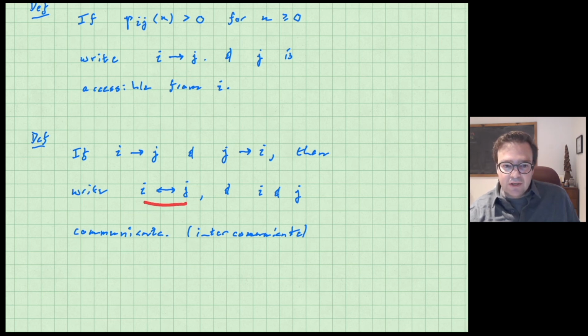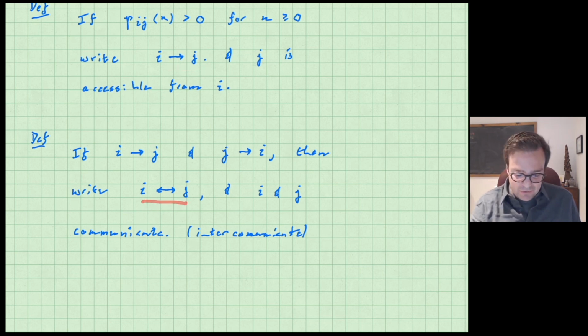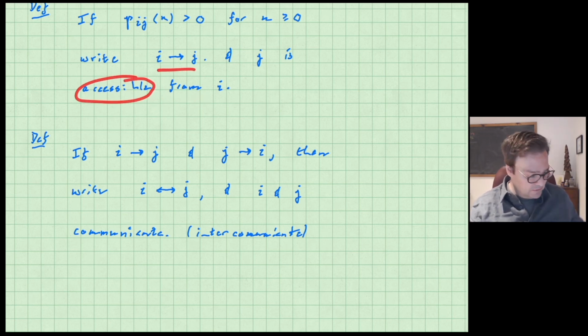There's sort of no direction to the state. But I feel like this is a really subtle difference, so I try to avoid the word communicate for up here. So this is what I'm going with: accessible from i is this, and communicate means that you can go both directions.